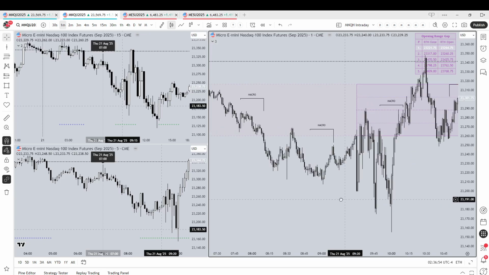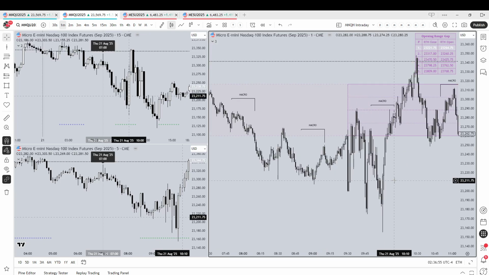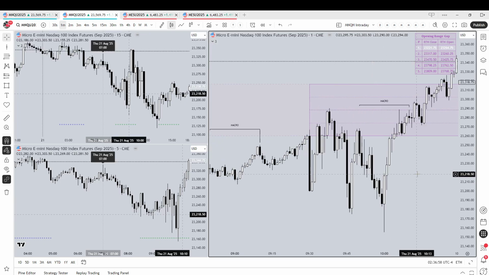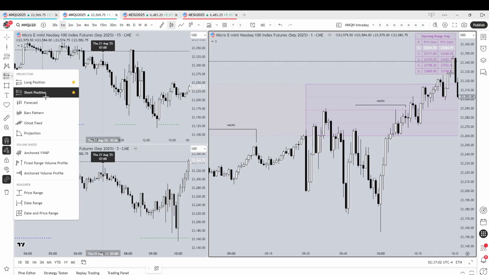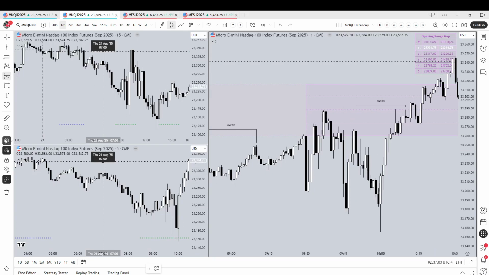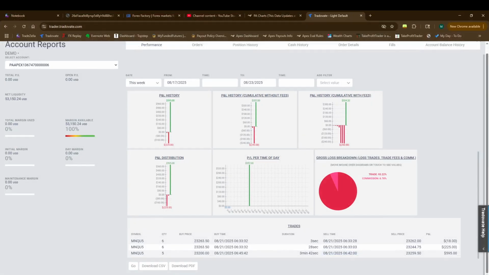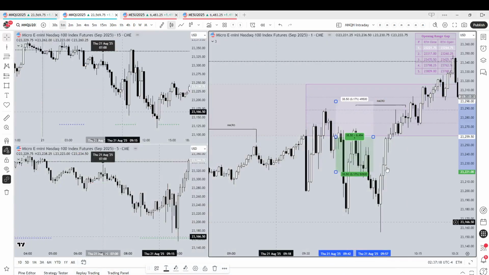So let's go over here. Short position, 9:42 right here, 9:41, 9:42, 23,520. What was it? I'm gonna do exactly what it was. 550, was that? Yep, perfect.